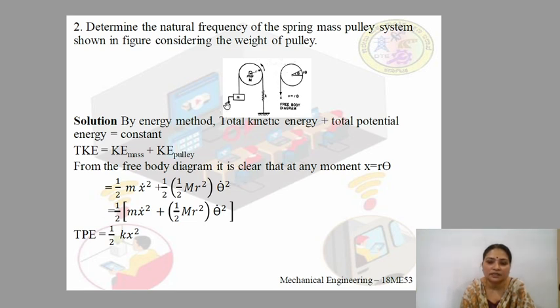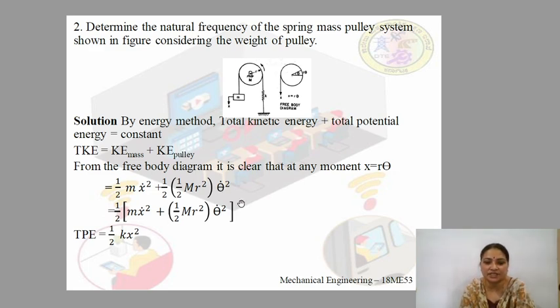Here in the pulley, when the displacement is x, then half of the displacement will be caused on both sides of the string. So therefore we write it as 1 by 2 and 1 by 2 m r square theta dot square.